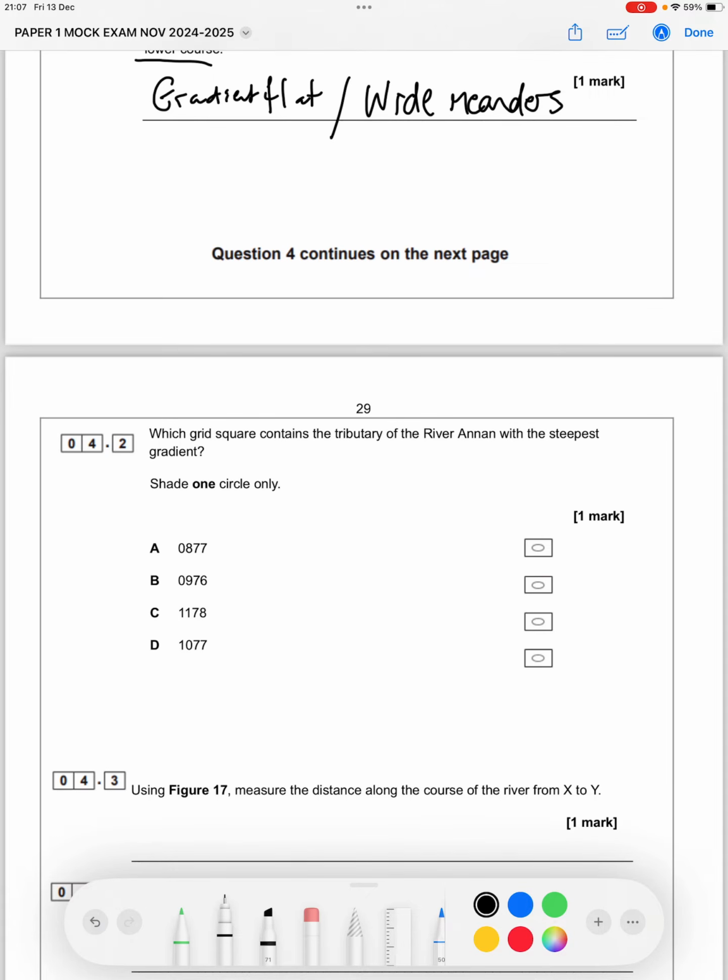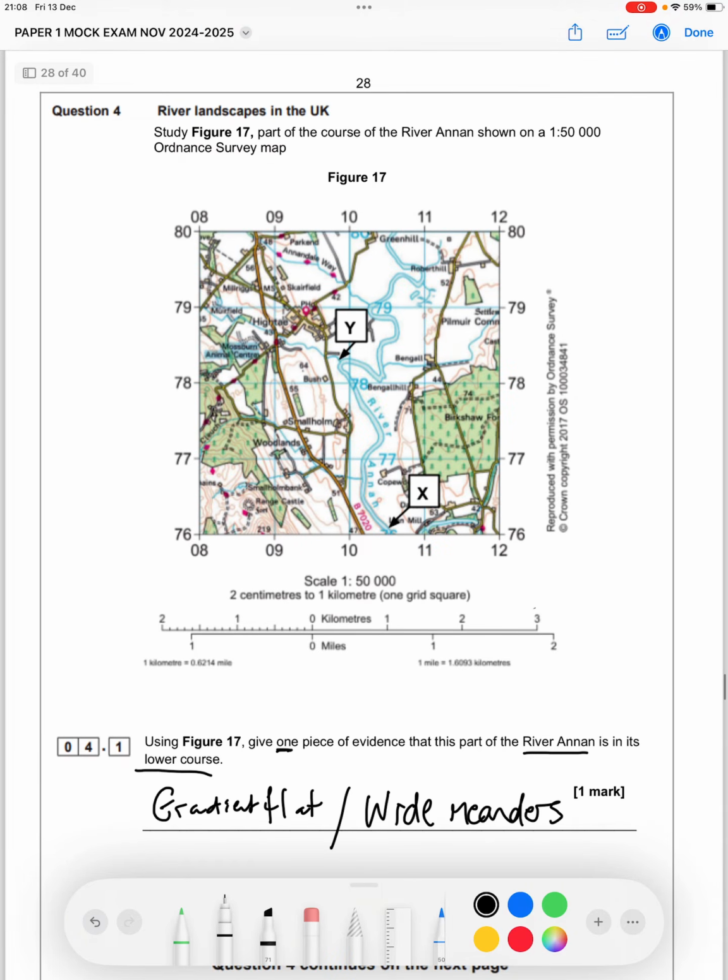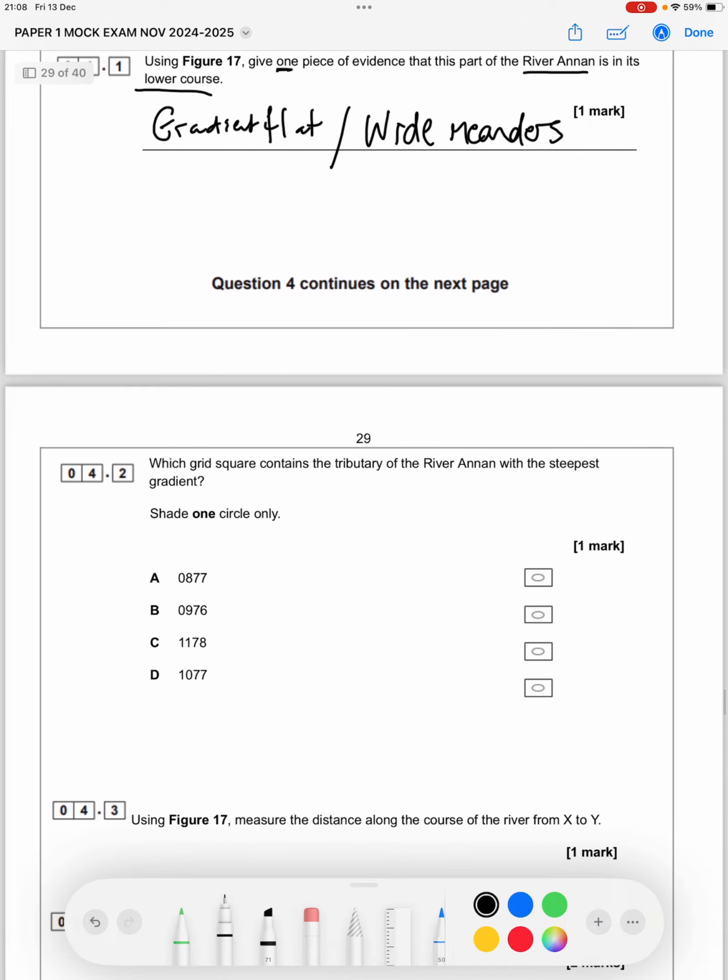Okay, next, this is where the res of the map could be quite difficult. What you have to do is look at these 4 figure grid references. So you need to find each one of them on your map and figure out what the steepest gradient is. So with gradients, what you're thinking about is, if your contour lines are quite close together, that means there is a steep gradient.